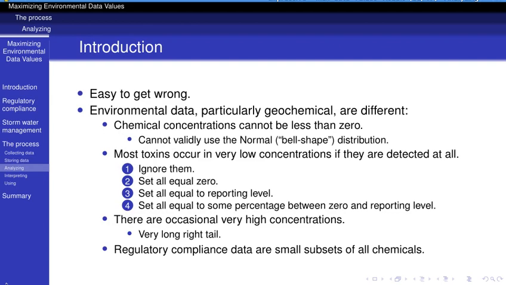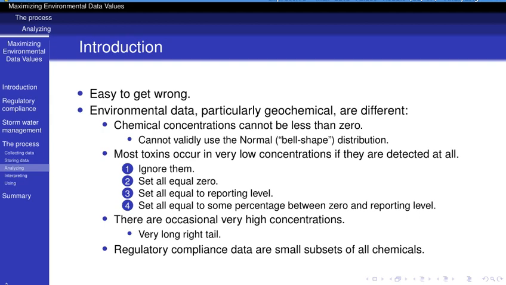An important point to remember is that environmental data are observational, not experimental, so they require different analytical models. Analyzing environmental data, especially geochemical data, is challenging because the models most familiar to regulators and others do not accommodate the constraints of the data.